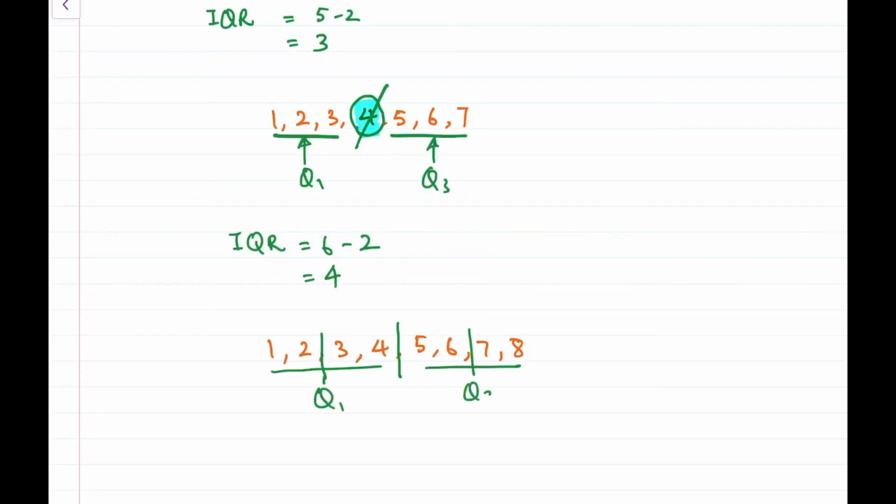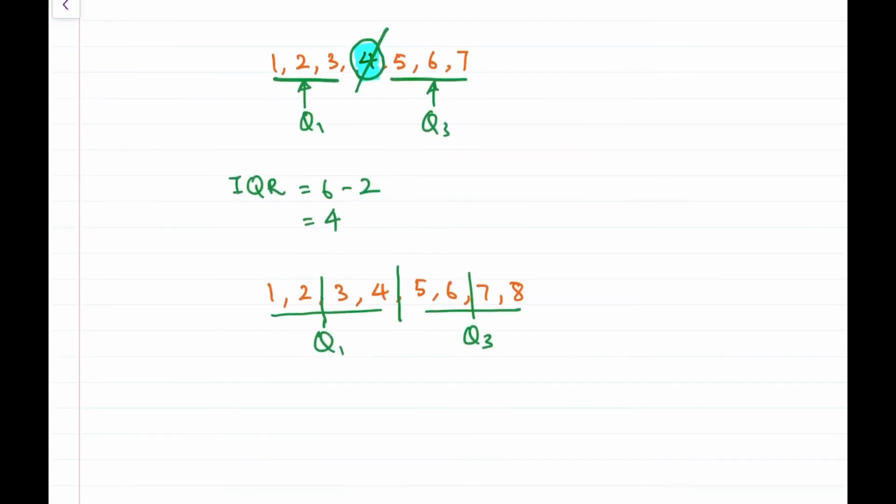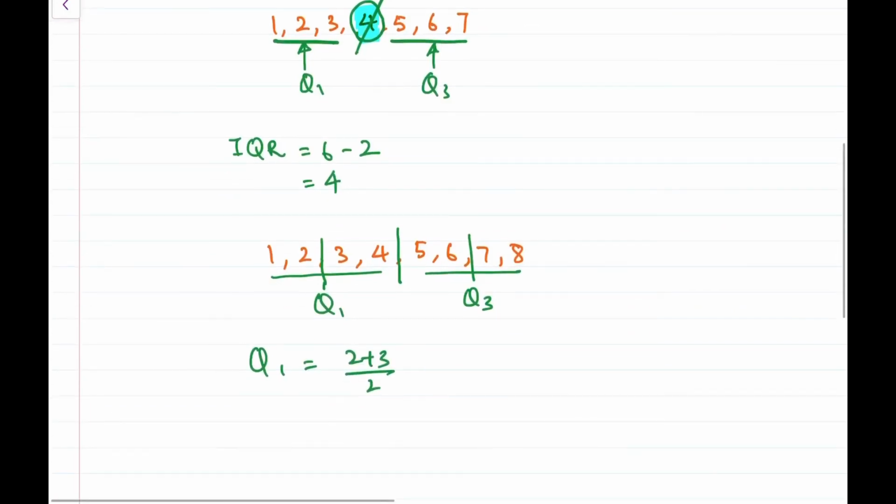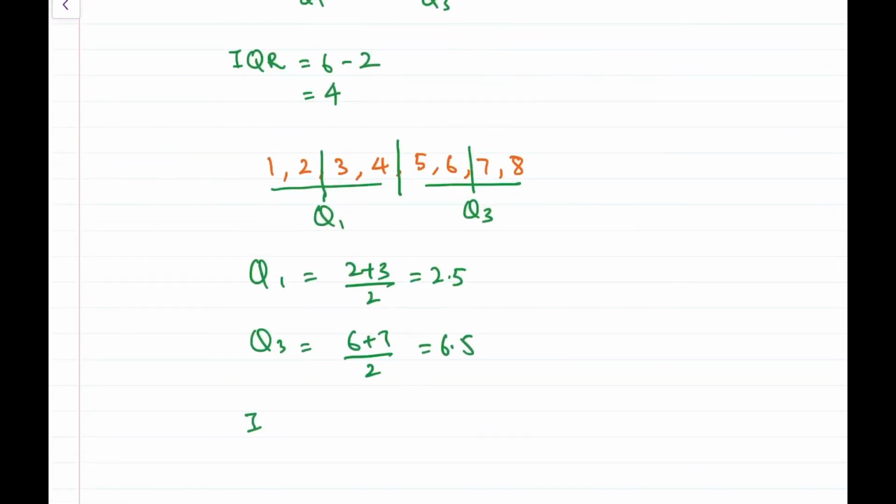So in this case you will have to do one further step and calculate the Q1, which is 2.5, and then Q3, which is 6.5, and then find the interquartile range, which will be 6.5 minus 2.5, and the answer is 4.